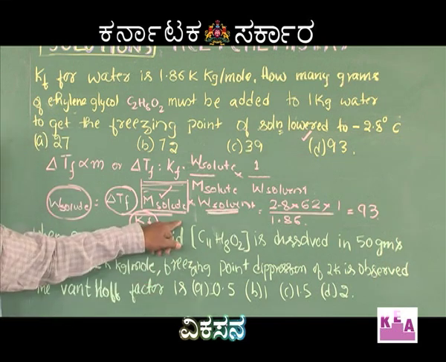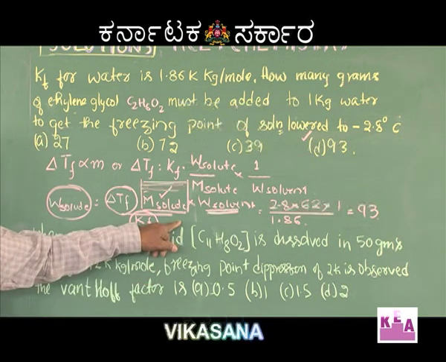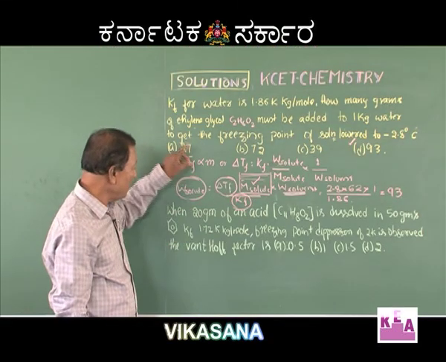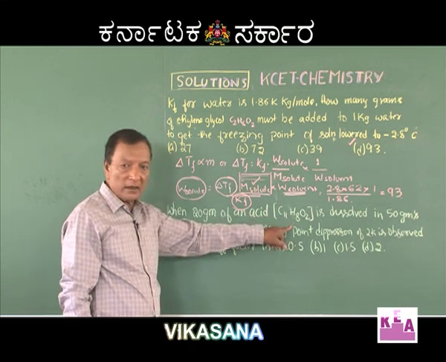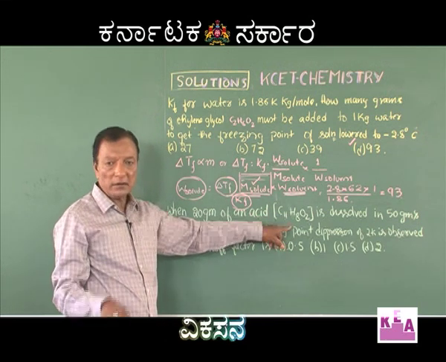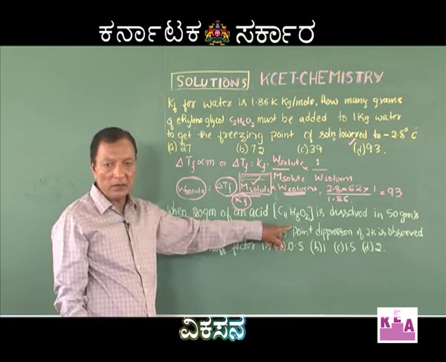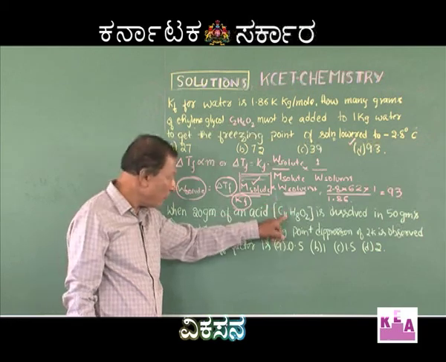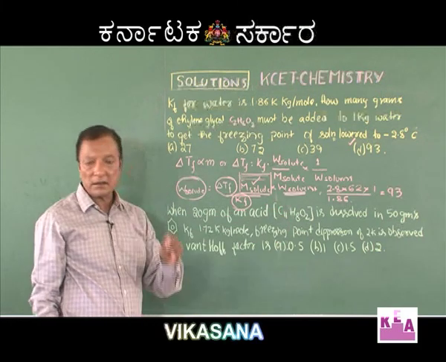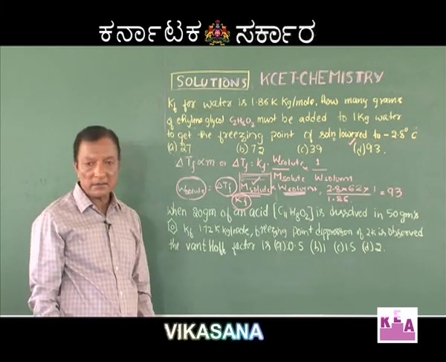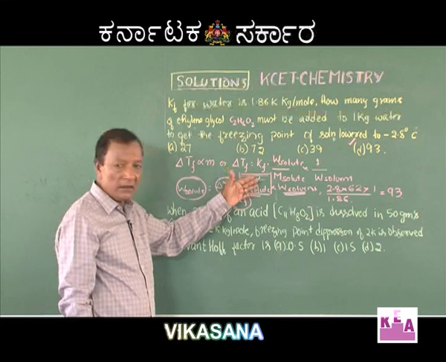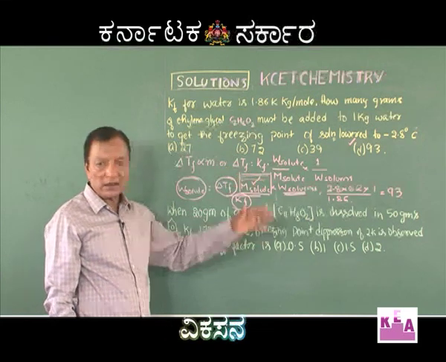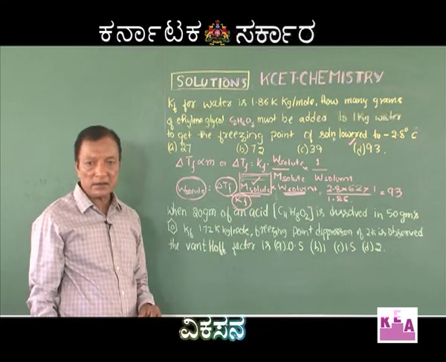It is calculated from the experimental value. And when the formula is given here, from that formula we will be getting the formula mass. And this formula mass is the normal molar mass. Experimental value of the molar mass is abnormal molar mass.